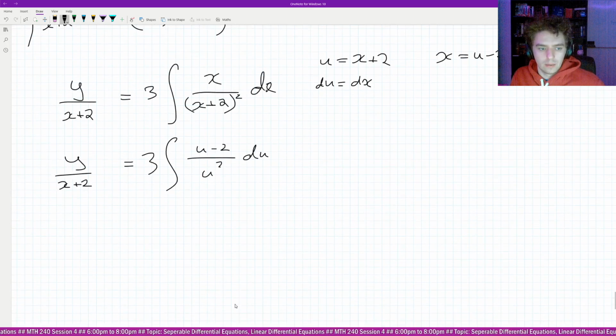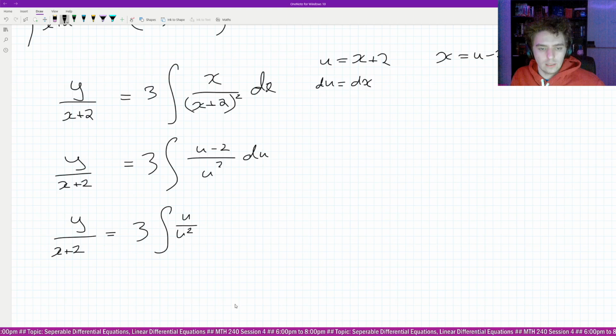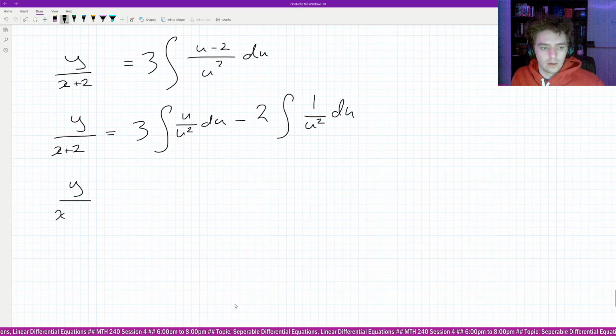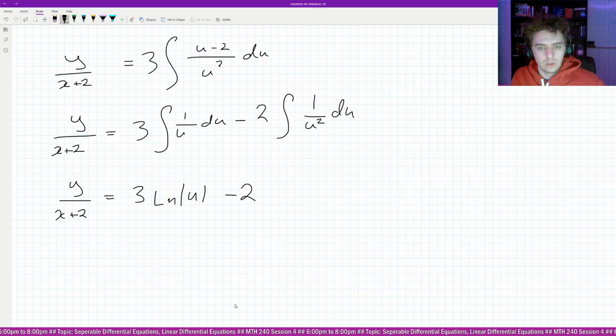So y over x plus 2 equals 3 integral u over u squared du minus 2 integral 1 over u squared du. This is going to be ln absolute value u, minus 2 times, 1 over u squared, add 1 to the exponent, so negative 1 over u, plus c.